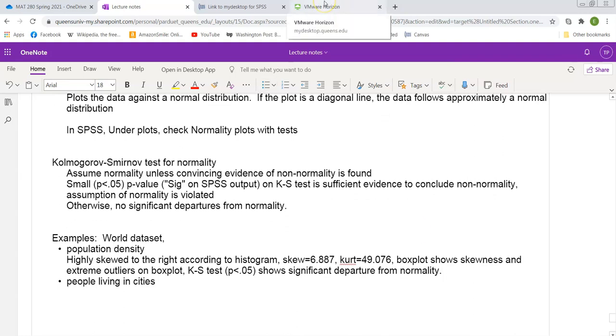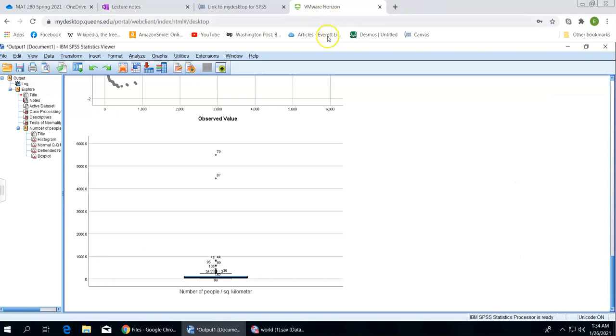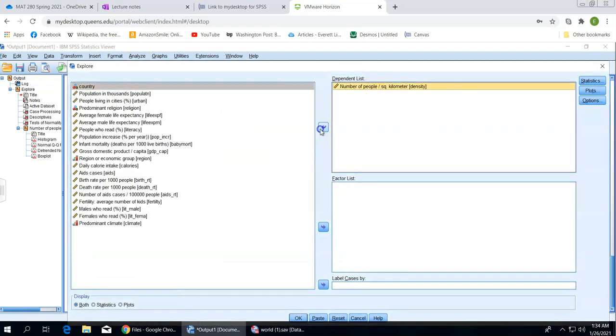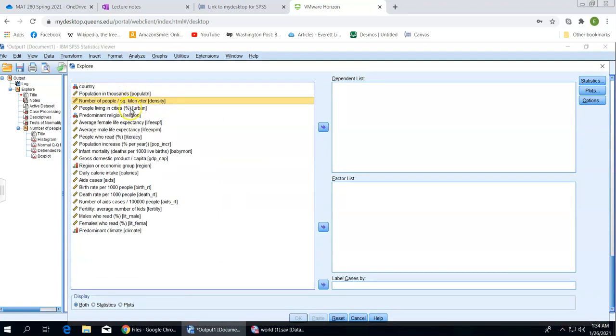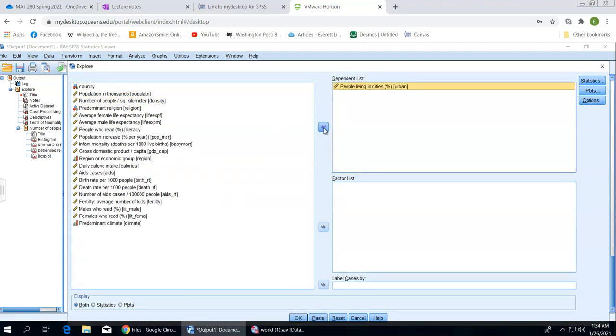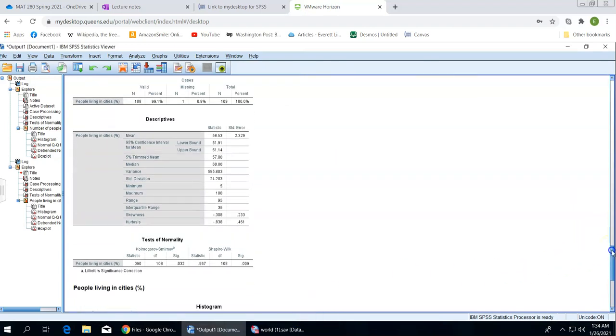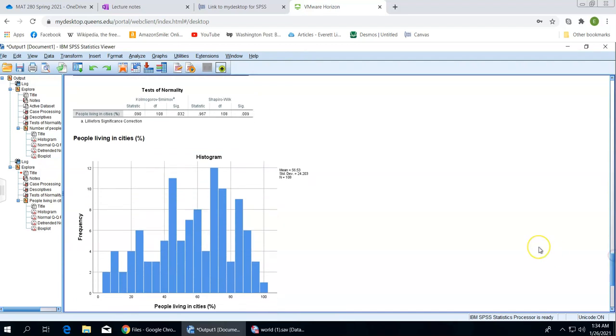Now let's look at a different one. Let's look at people living in cities. So the percent of people in different countries who live in cities. Let's do the same thing. Let's look at the histogram. Looking at this histogram, it looks like it might be a little bit skewed to the left.